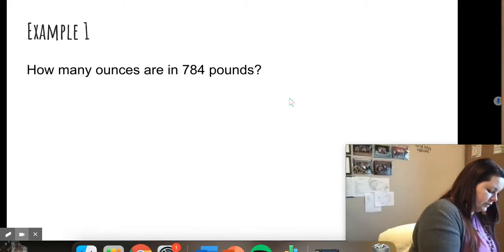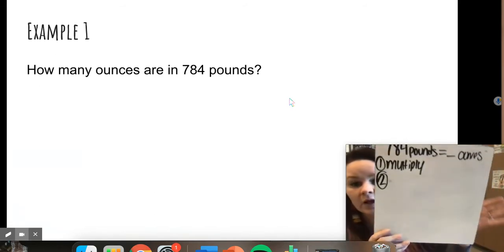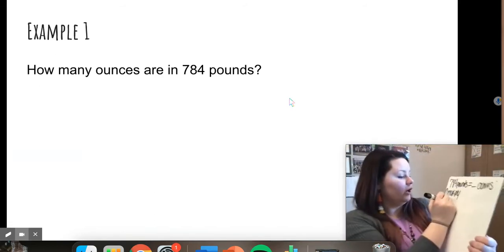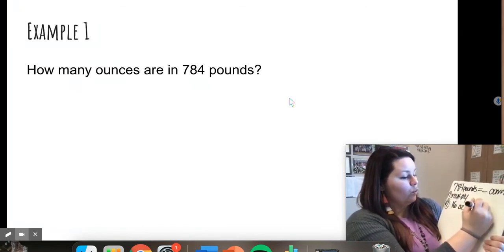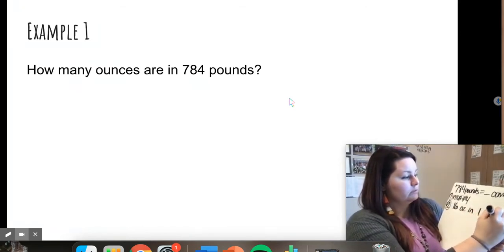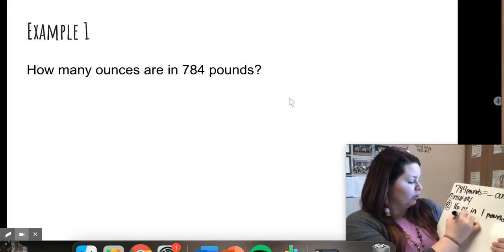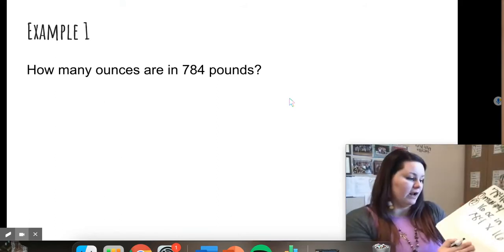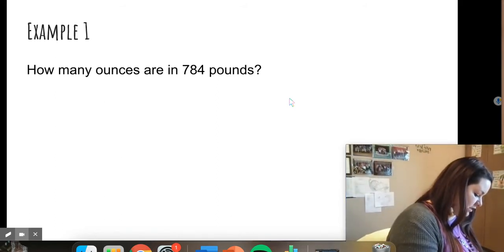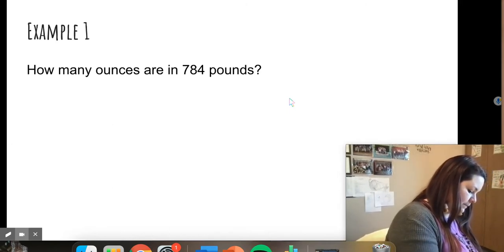Okay, then step 2. How many ounces are in 1 pound? Well, there are 16 ounces in 1 pound. So I need 784 groups of 16 to get my answer. And then I will just complete that multiplication. So 784 times 16.